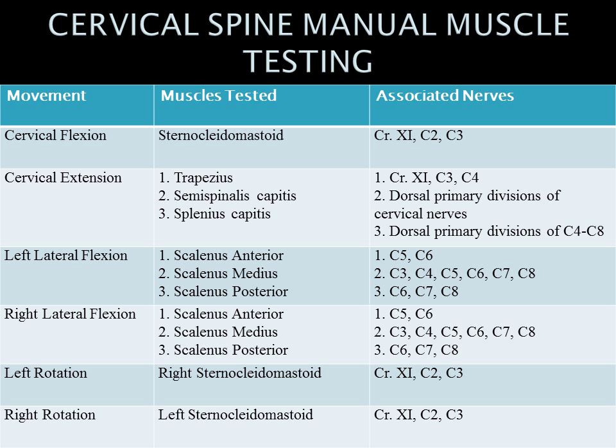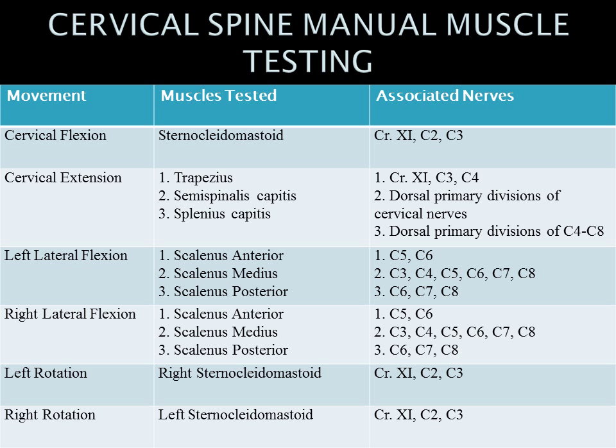Cervical extension testing tests the trapezius, the semispinalis capitis, and the splenius capitis. The trapezius, as you know, is innervated by portions of the spinal accessory nerve, also C3 and C4 nerve roots.